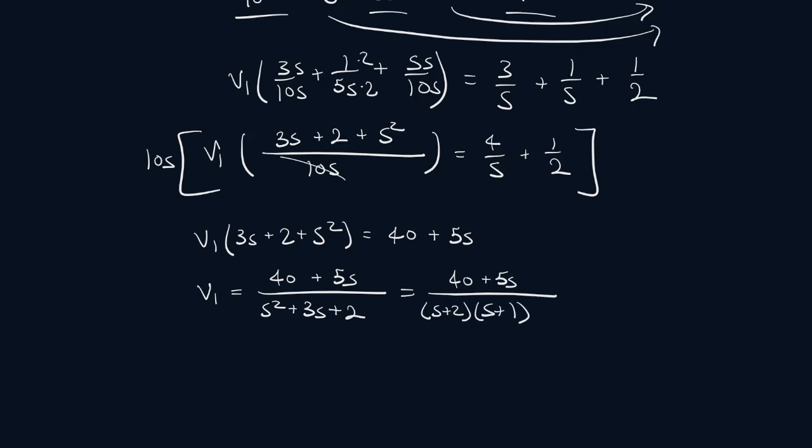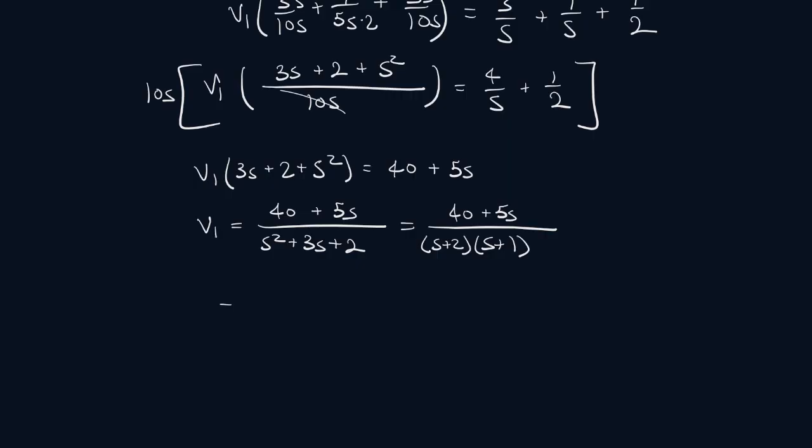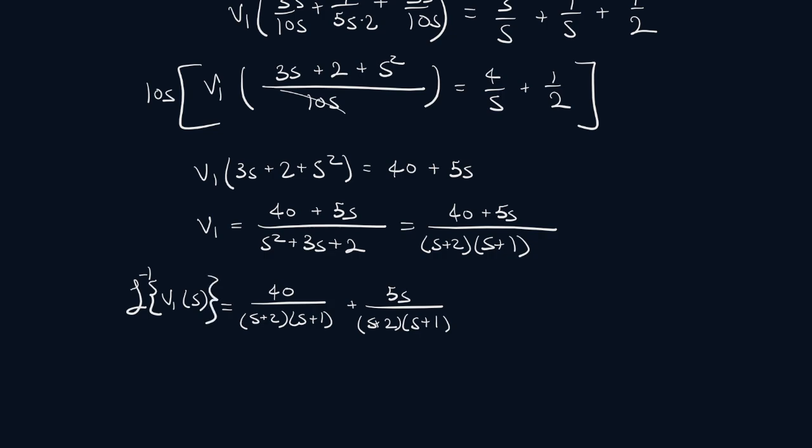And now what we can do furthermore is break this up into two pieces. Okay, and this v1 is actually v1 of s. So we have to get the inverse Laplace to get v1 of t.